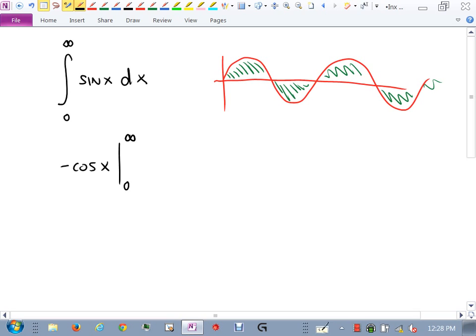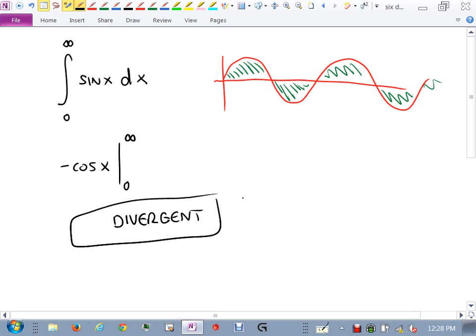Because you're asking what does that go to as you go out to infinity, and cosine oscillates. So that's not headed anywhere. So what we would say here is it's divergent. Did I make my point? The point I was trying to make was that divergent doesn't mean infinity. If it's infinite, then yes, it's divergent. But that's not the only thing that could happen.